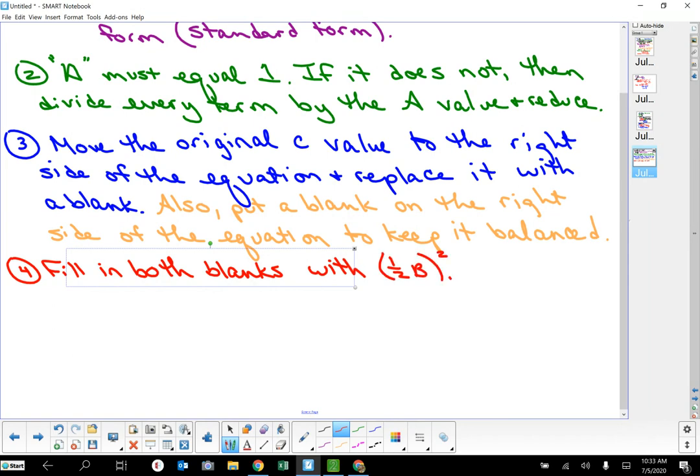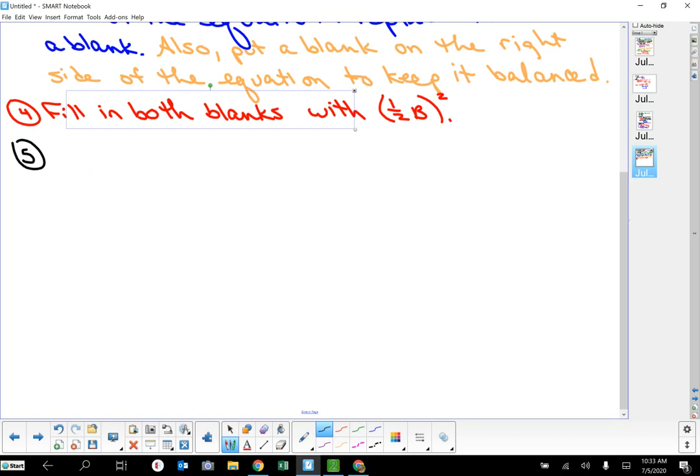All right, then the next step, 5, your left side is now a perfect square trinomial.